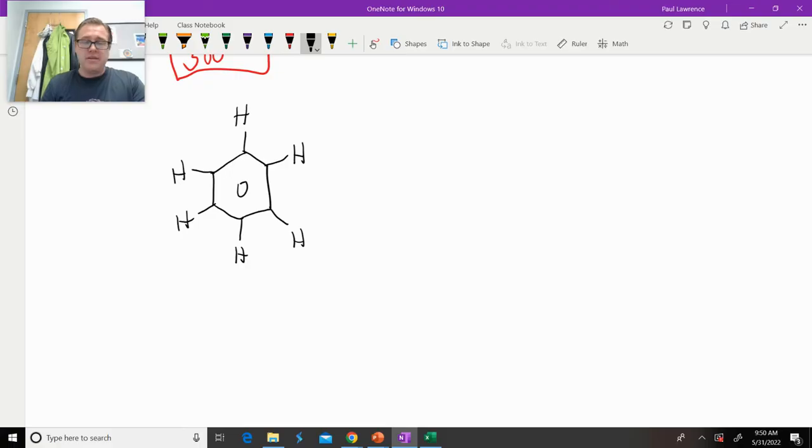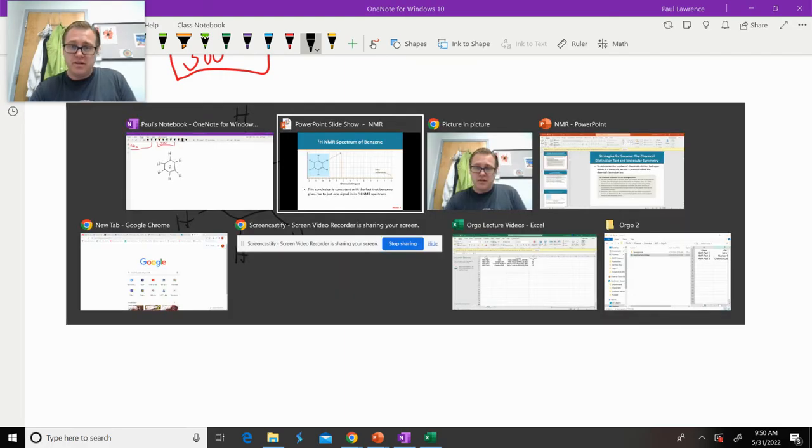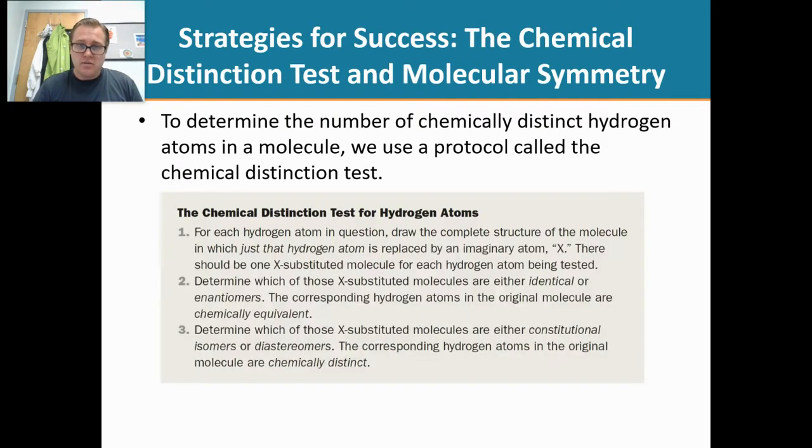Now, if you were given this molecule, how do you know the hydrogens are homotopic? Well, the replacement test says chemically distinctive. The chemical distinction test and the replacement test are interchangeable; I use them interchangeably.